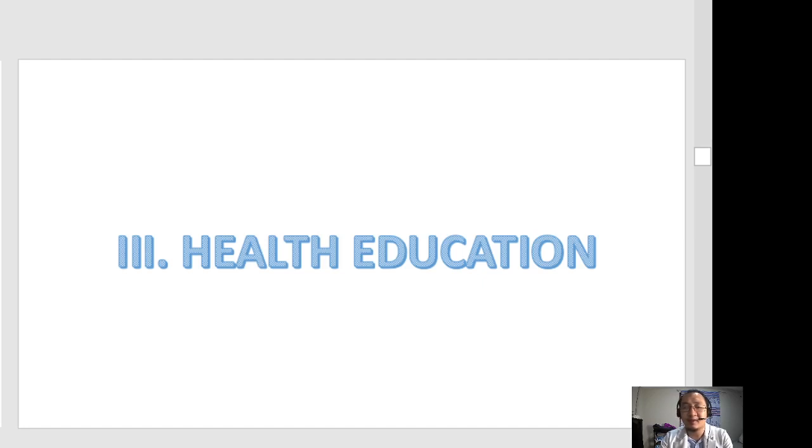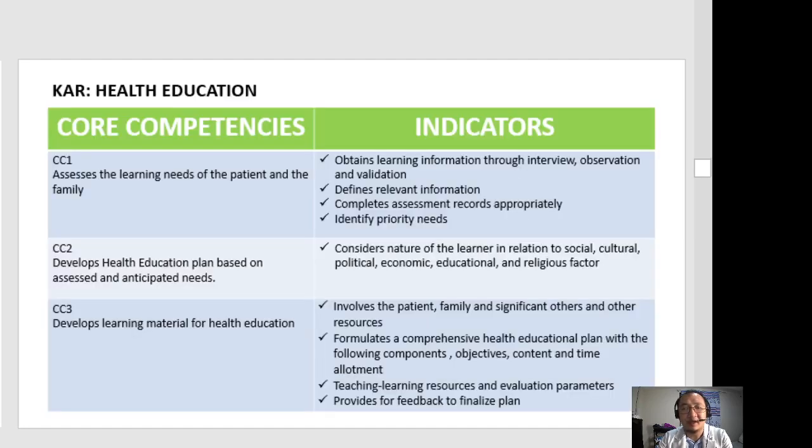And according to the symbol, this key area of responsibility includes assessing the educational needs of your clients, of the patient, their families, and developing health education plans and materials, and also evaluating the outcome of the education which you have provided.